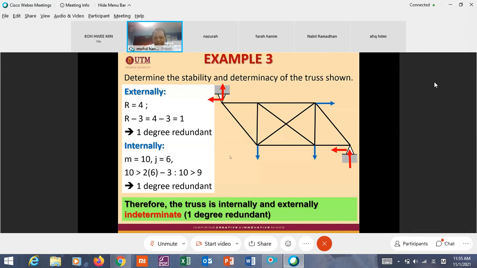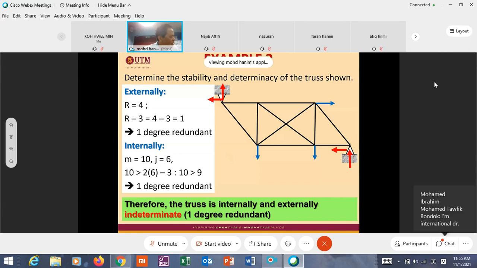Okay, ya, kalau tak ada apa-apa kita sambung. Tadi siapa yang international, siapa namanya? Siapa tahu? International student. Siapa nama? Muhammad Ibrahim. Oh, Muhammad Ibrahim. Muhammad Taufik Bondok. Is it? Betul ya?